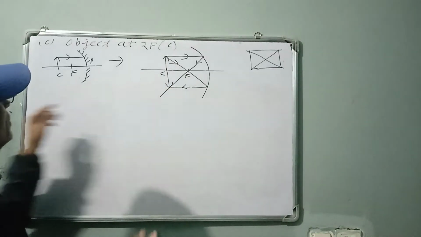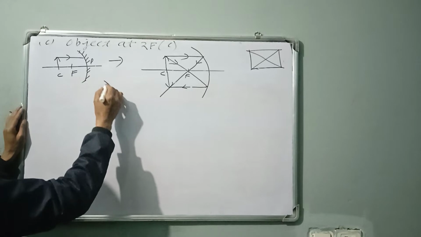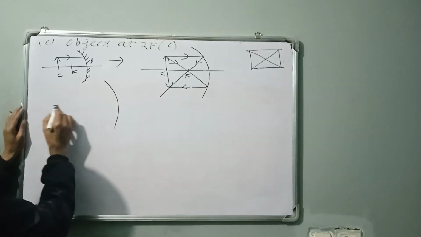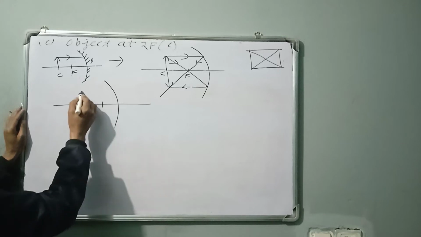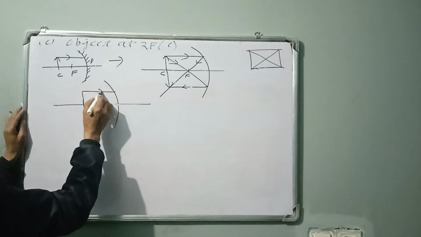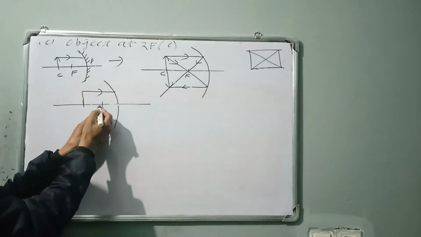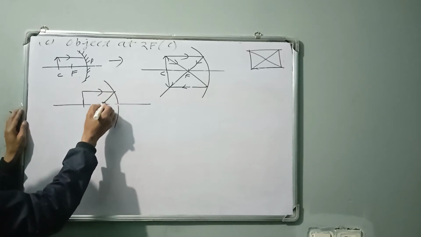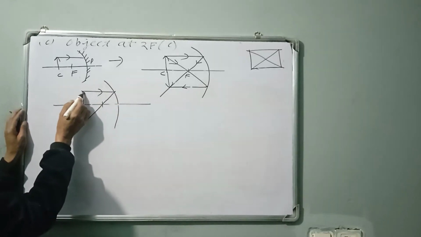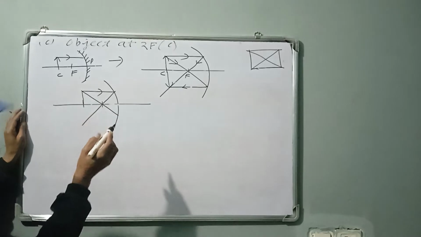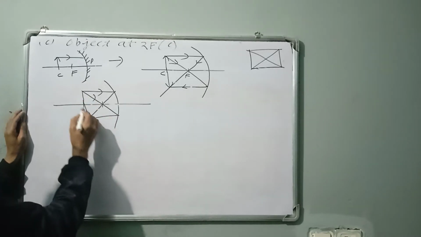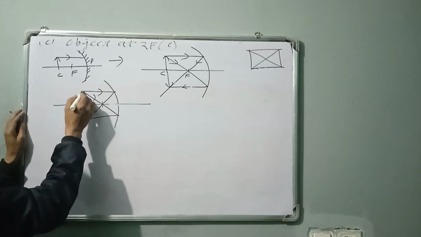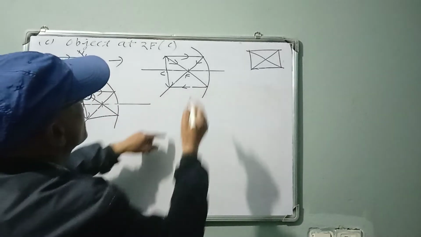Drawing technique, concave mirror, principal axis, focus, center, a ray parallel to the principal axis passes through the focus. Another ray which passes through the focus will be parallel and they will meet at the same point. So what type of image is this?